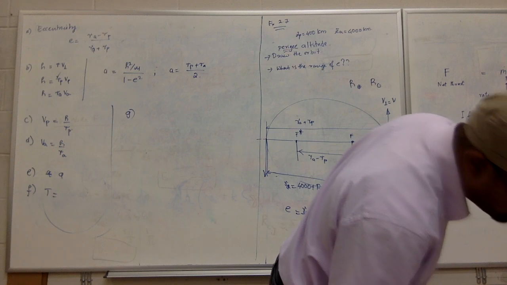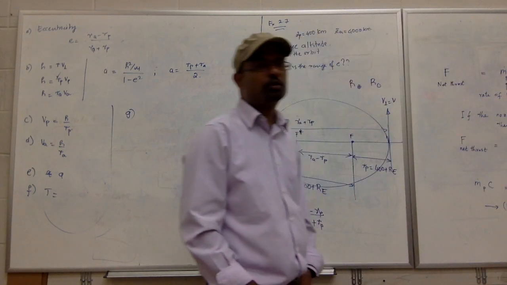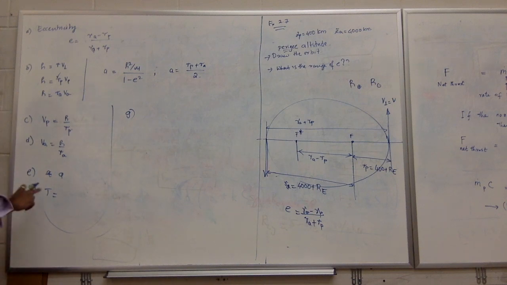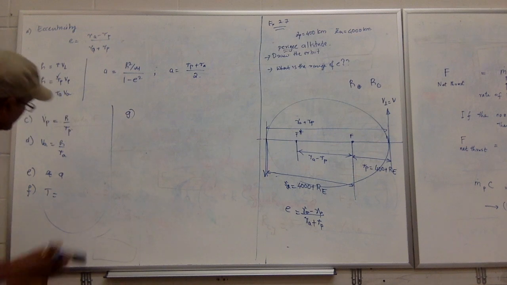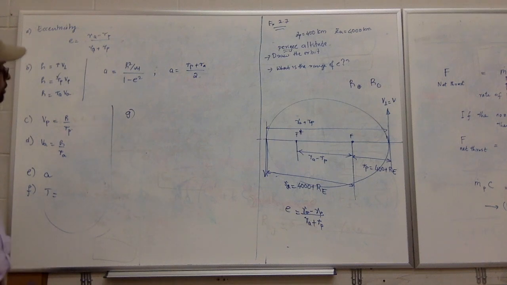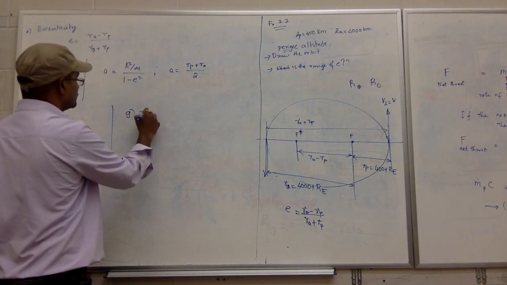Dr. Sun, what is that E on the board? It's A. Just A. Okay. So the last one is this true anomaly.